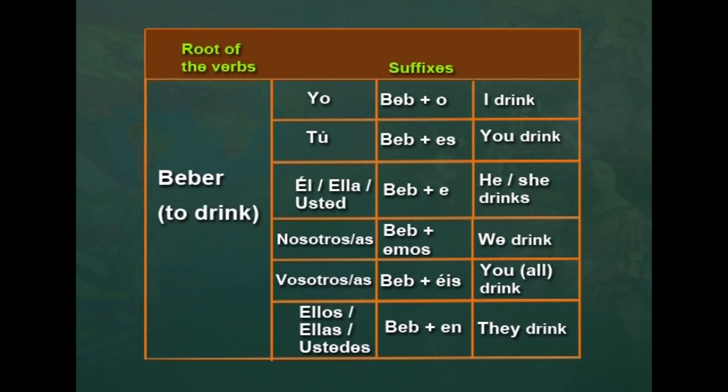Él, ella, usted bebe: he drinks, she drinks or you drink. Nosotros, nosotras, we add emos, bebemos, we drink. Vosotros, vosotras, we add the suffix éis.